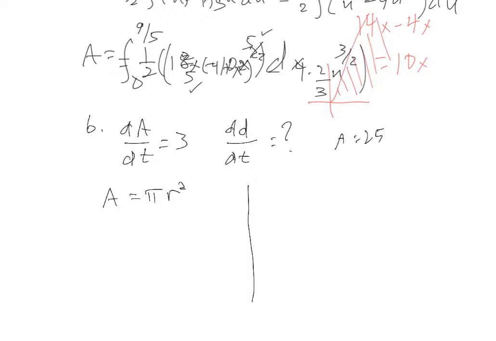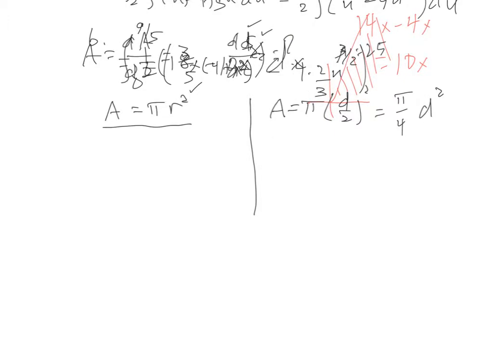The other way would be to replace r with what it's equal to in terms of the diameter, which is d over 2, and square that, and then we would get pi over 4, it looks like, d squared. So you can use this, calculate dr dt, and then double your answer. The diameter will be increasing at twice the rate of the radius, or you can use this guy over here. It doesn't matter. Either one ought to get us the right answer.